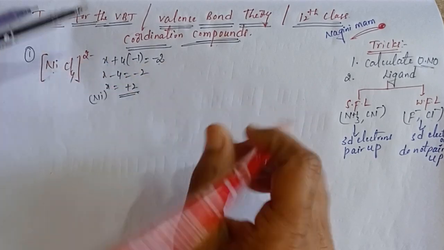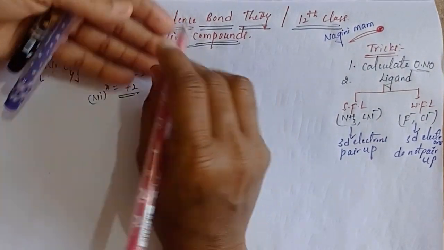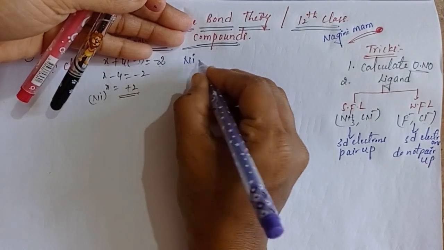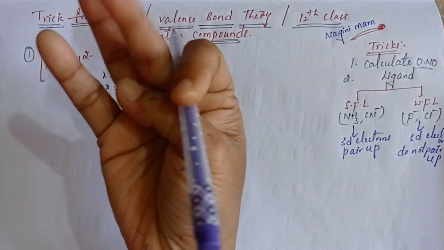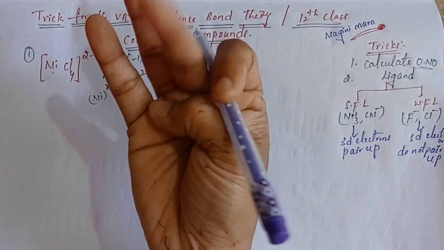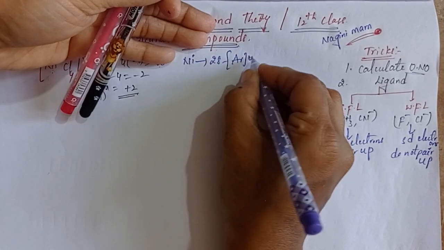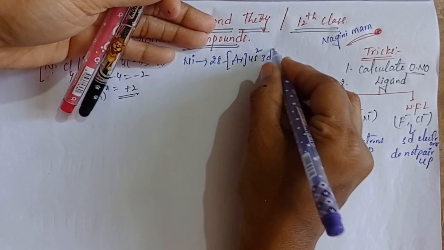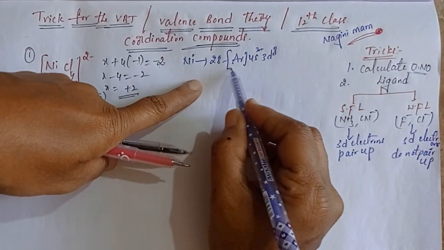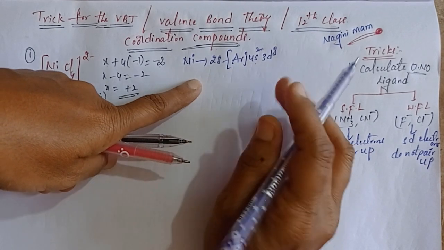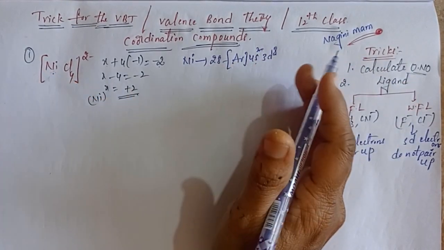Now first I'm going to write the atomic number of nickel. Scandium, titanium, vanadium, chromium, manganese, iron, cobalt, nickel: the atomic number is 28. The electronic configuration is argon 4s2 3d8; up to argon, 18 electrons are over, and this is 28 electrons in total.